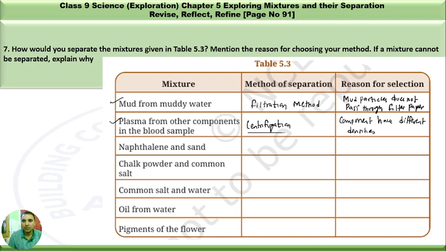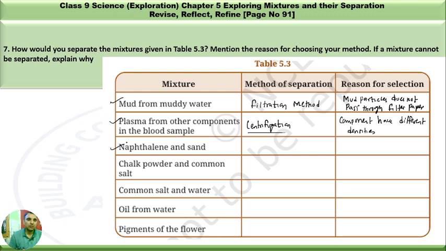When the blood sample is taken in a centrifuge machine and it is rotated, all the different components, as per their densities, get separated. So centrifugation is the more applicable method for the separation of different blood components in the plasma sample.